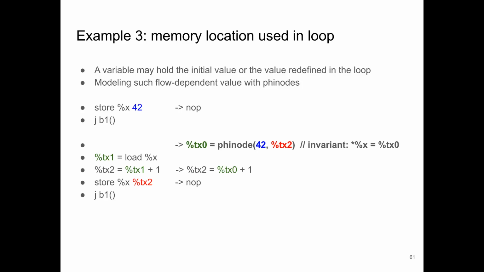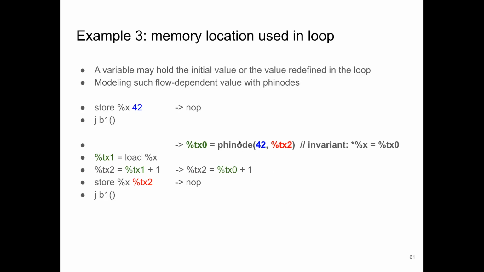Otherwise, if you are looping again and you just jumped from B1 to itself, then the value of this tx0 should be tx2, which is defined in the previous iteration's line here.